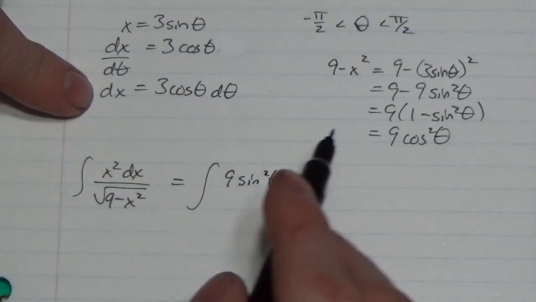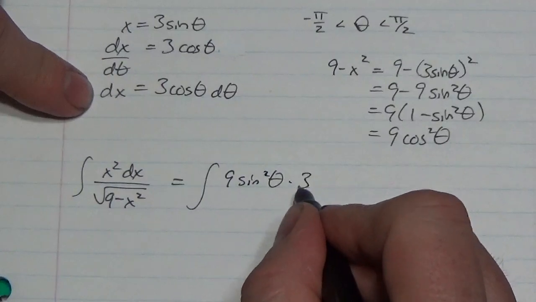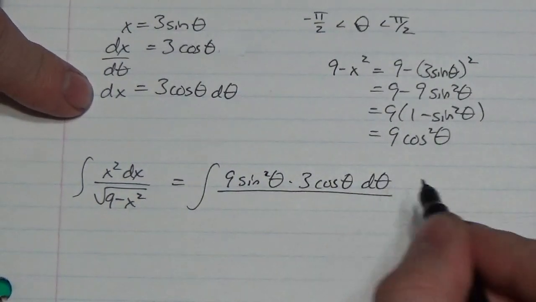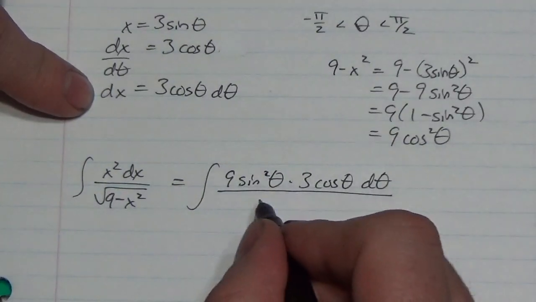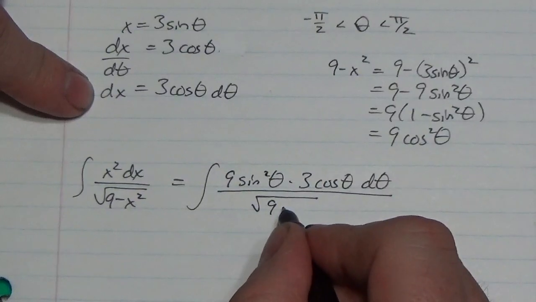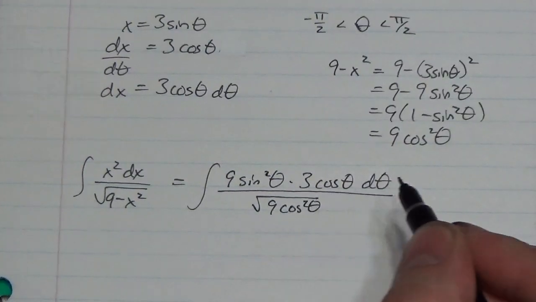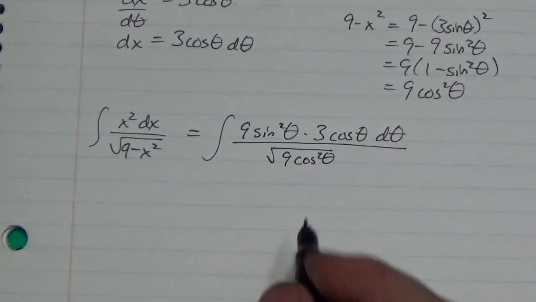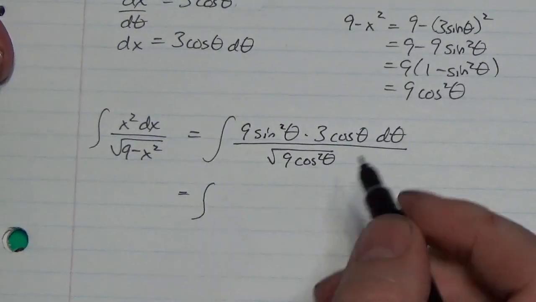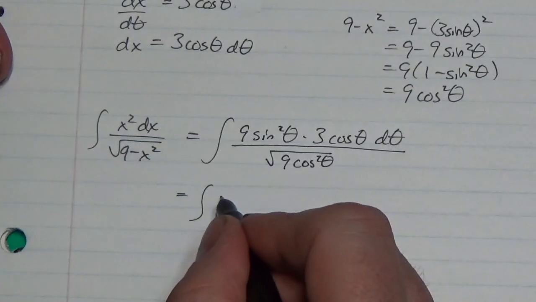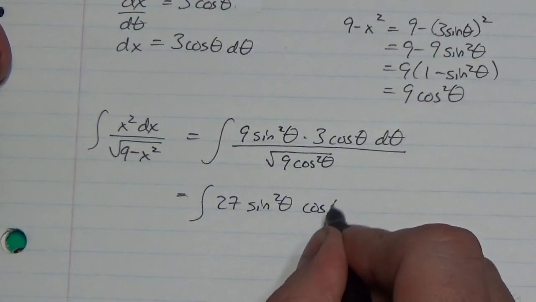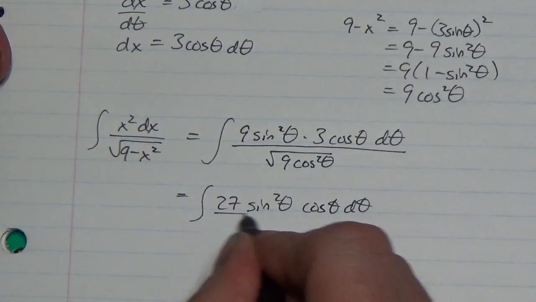Then I'm going to substitute my dx in, and I'm going to get an additional 3 cosine theta d theta. And I already know that the denominator is going to end up being the square root of 9 cosine squared theta. Okay, well, let's have a look at this. This is going to be the integral of, what is that, 27 sine squared theta cosine theta d theta.